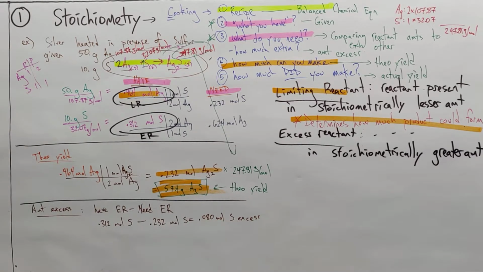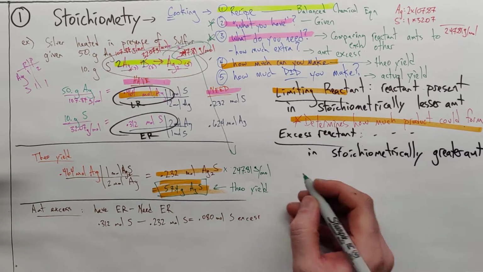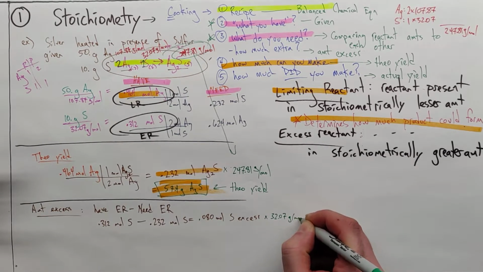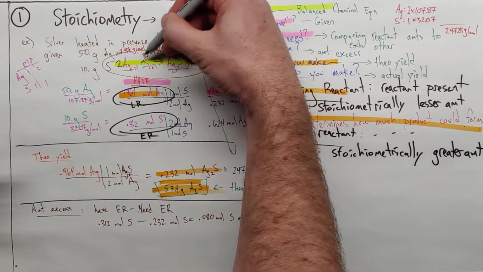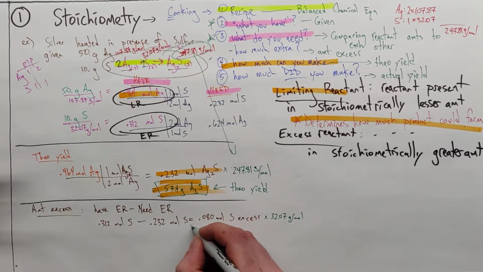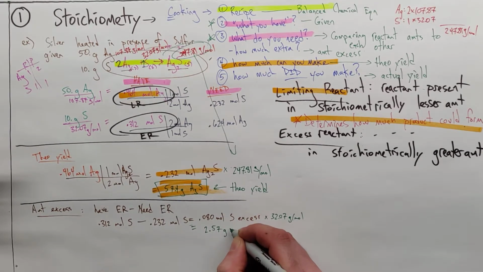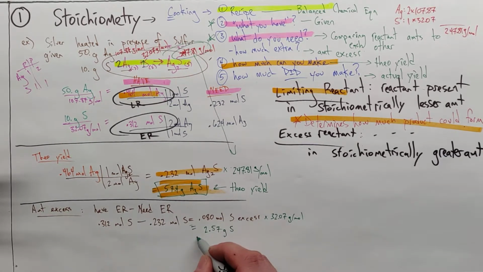We'll multiply that by molar mass to turn that into grams, and sulfur is 32.07. So we'll multiply by 32.07 grams per mole. Again, that came from the periodic table, and we end up with 2.57 grams of sulfur.